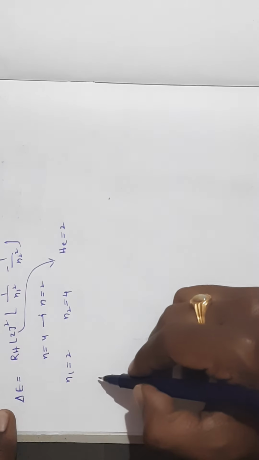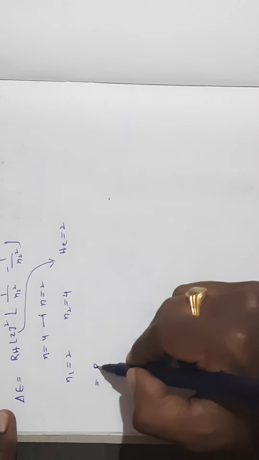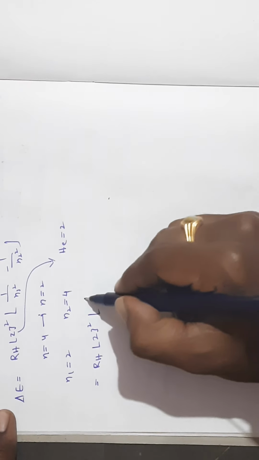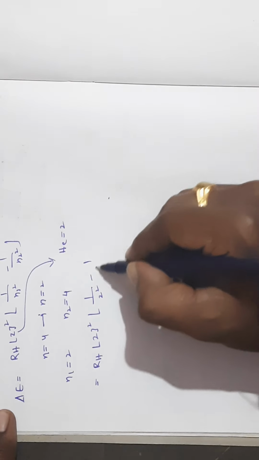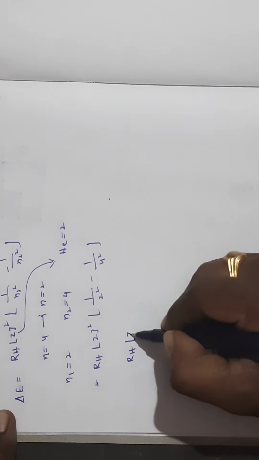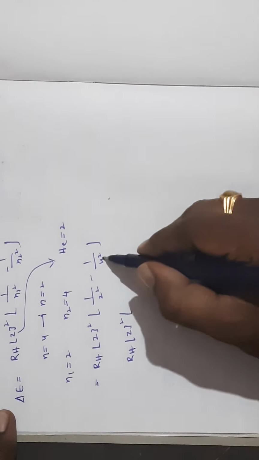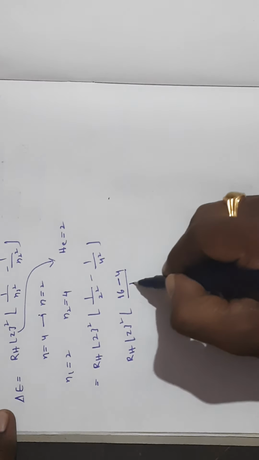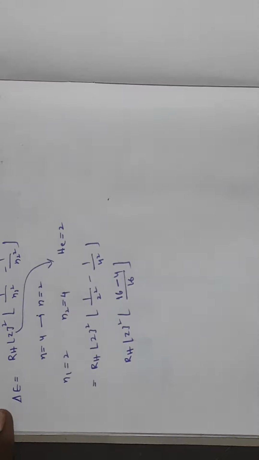Just substitute all those values in the given data. So RH into Z square means 2 square, and 1 by n1 square, 1 by 2 square minus 1 by 4 square. So that is RH into Z square into, here 4 square means 16, 16 minus 4 upon 16.